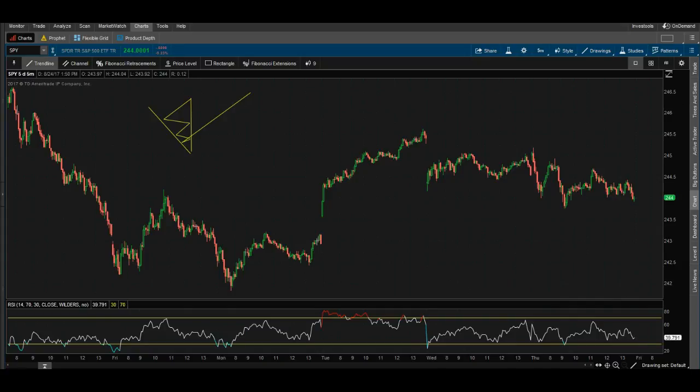You're going to see them when they're about 50 or 60% filled out. Usually they're going to break out around the 75 to 80% mark of the whole pattern, so like right here, when it's almost all the way done, is usually when you'll see the breakout happen to the upside on the falling wedge.